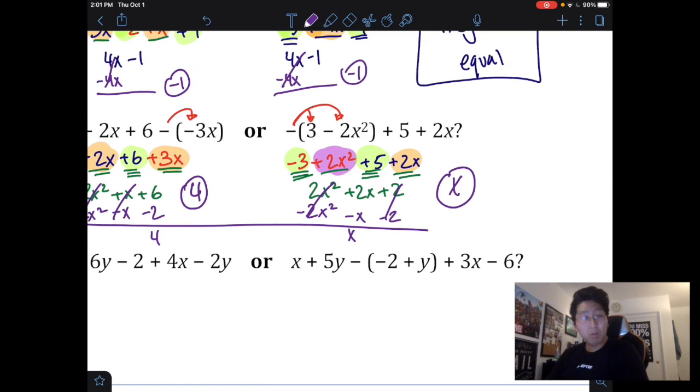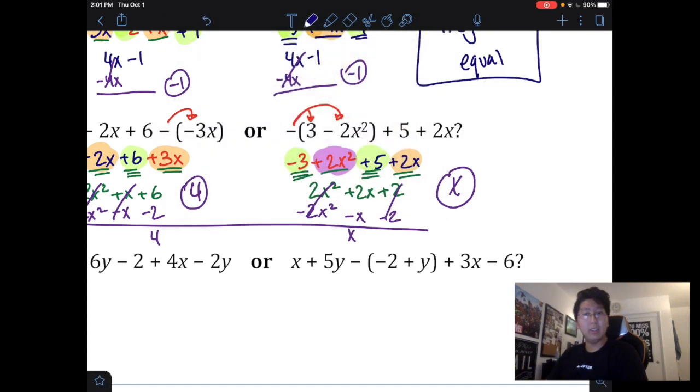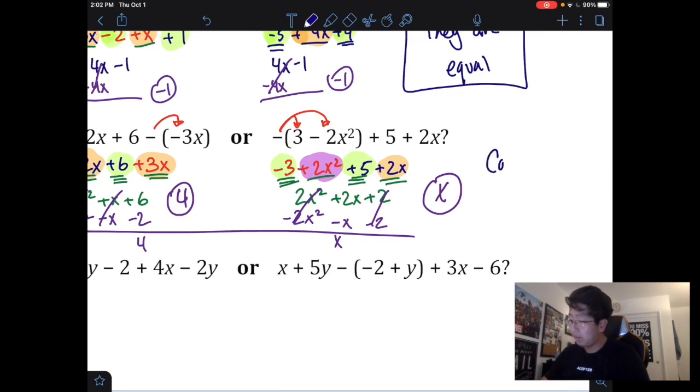Now, the question here is, which side is greater, 4 or x? Now, we don't know what x is, right? x can be any number really, but we don't know. So can I compare a number I don't know with 4? No. So here I'm going to say cannot be determined.